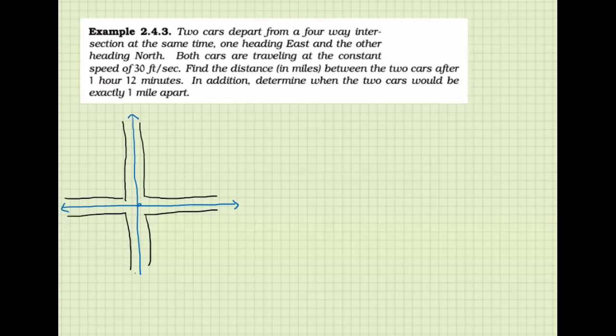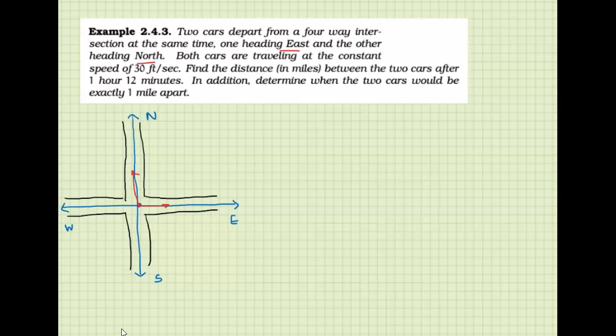If we use the traditional compass points, we have north, south, east, and west. One car is heading east and the other one is heading north. So one car is going this way and the other car is going this way.